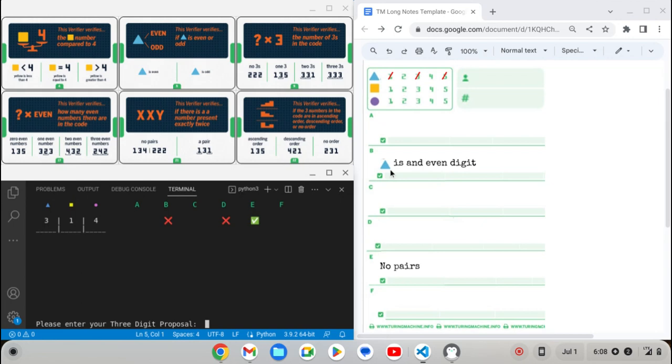So I should be able to deduce that there should be 2 evens in the solution. I'm going to write down that I deduce there are 2 evens, and because they're distinct, it should be a 2, a 4, and then an odd.